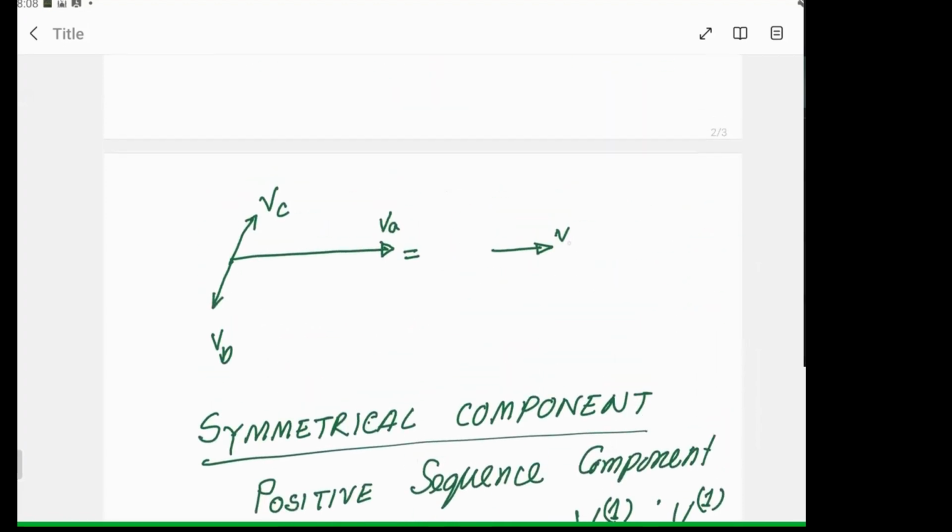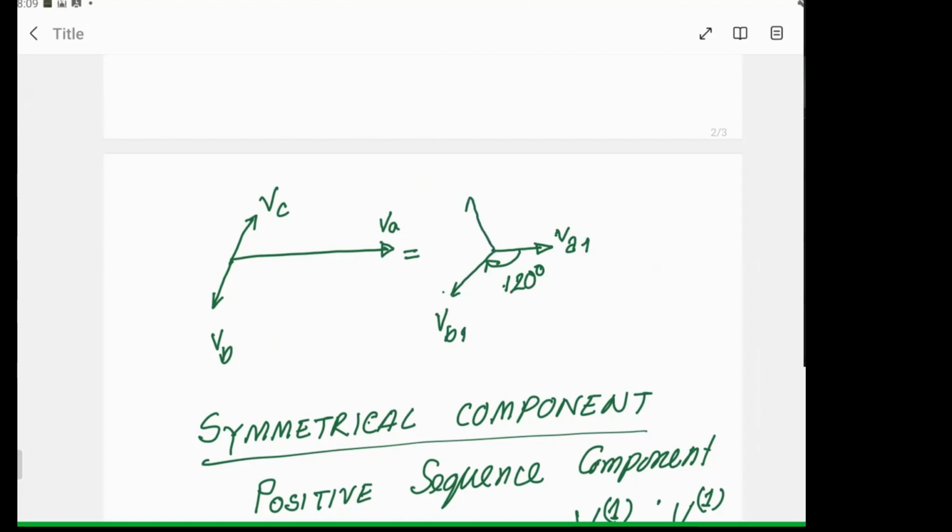Whenever I have A1, this belongs to the positive sequence. Then I will have B1, which should be at negative 120 degrees, and the length of all the vectors will be the same.